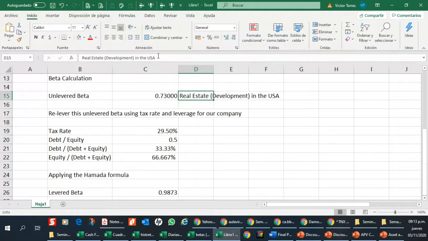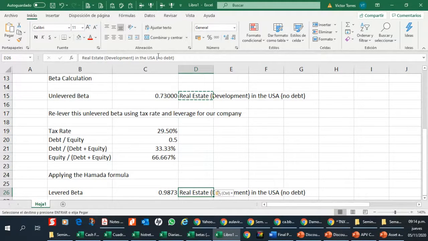This has no leverage. What we are doing is applying to those companies in the United States the level of leverage that I have and the level of taxes that I'm facing.